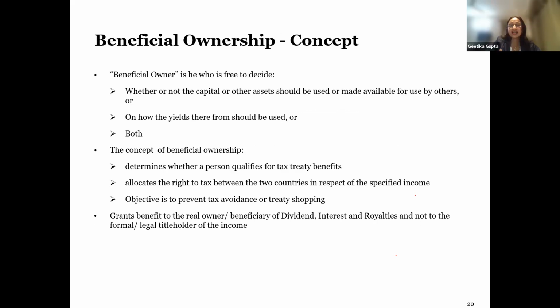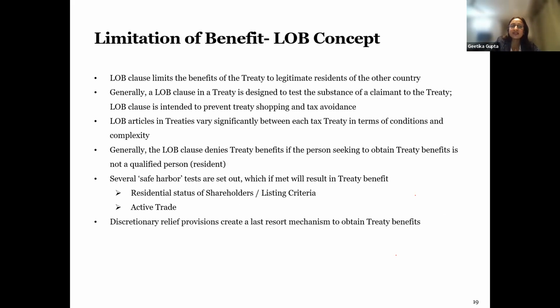So Sachin, just adding an example to the LOB clause, as Sachin very aptly explained, that a certain amount of expenditure is to be incurred. One of the examples is the India-Singapore treaty. This is a treaty where the MLI is applicable, so the PPT test will be applicable.